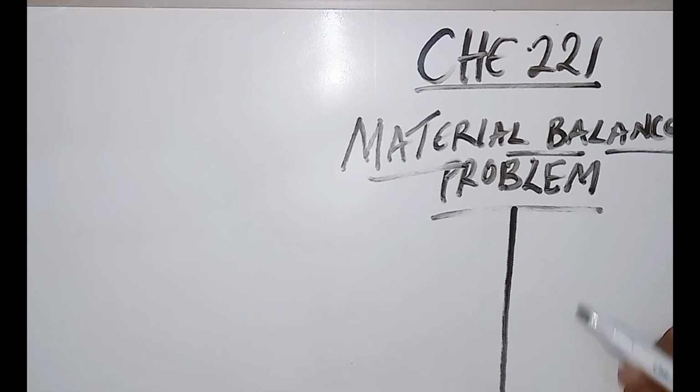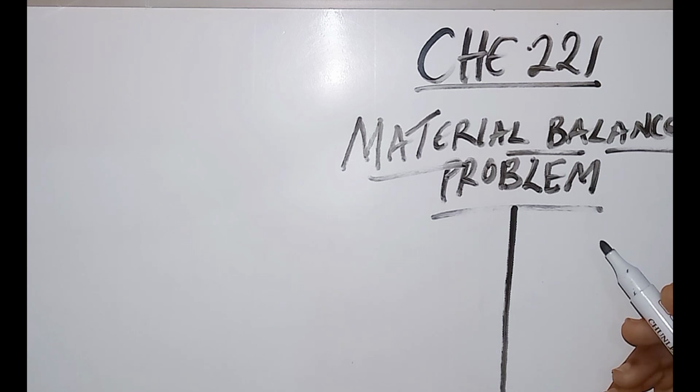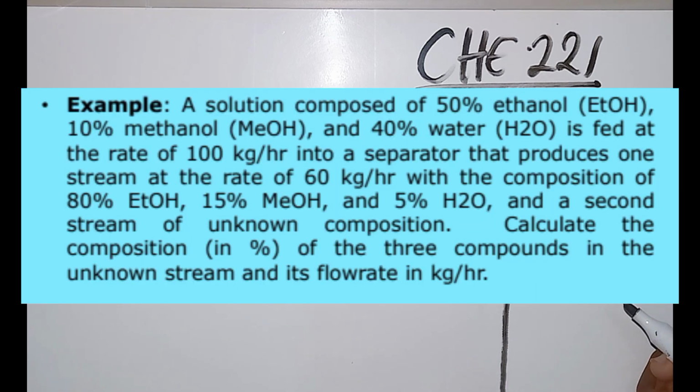We are going to solve an example on material balance. The question is: a solution composed of 50% ethanol, 10% methanol, and 40% water is fed at the rate of 100 kg per hour into a separator that produces one stream at the rate of 60 kg per hour with a composition of 80% ethanol, 15% methanol, and 5% water, and a second stream of unknown composition.